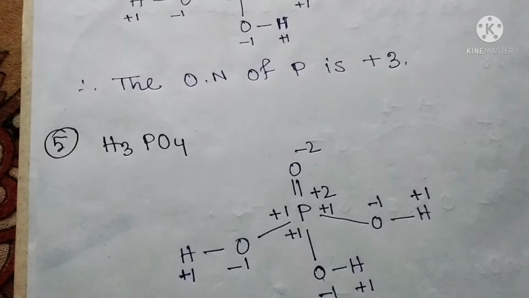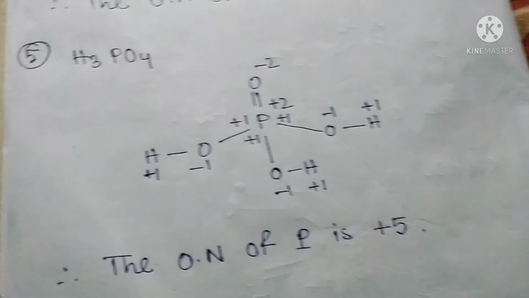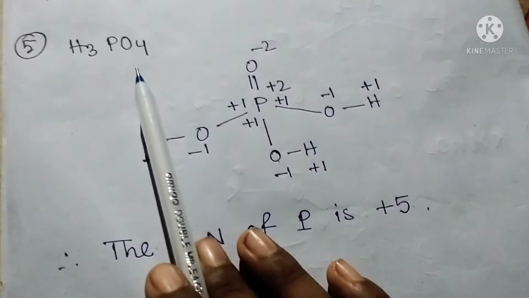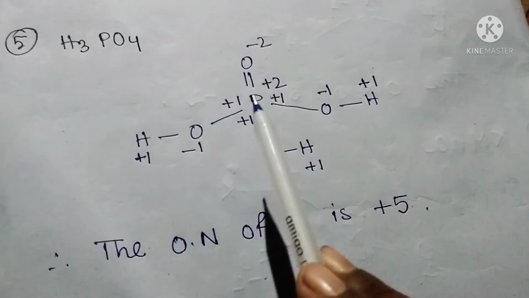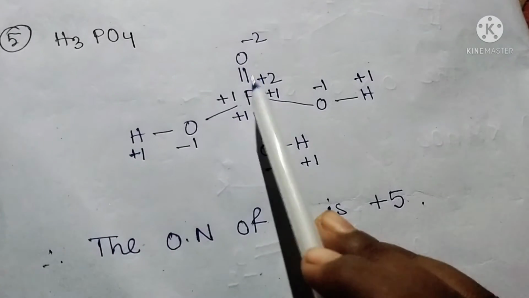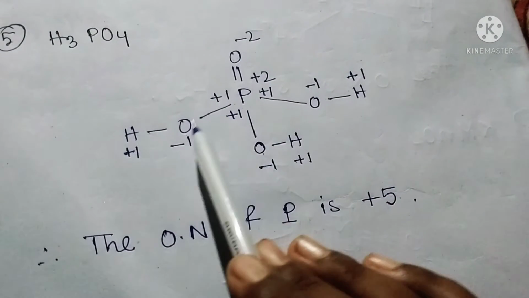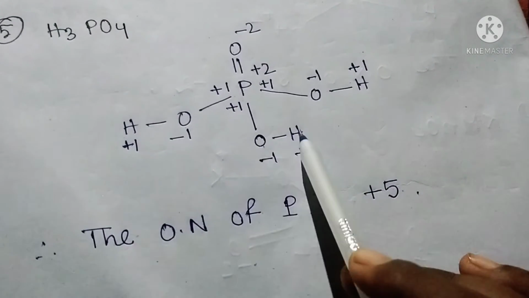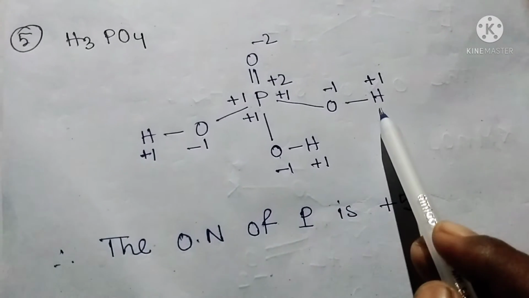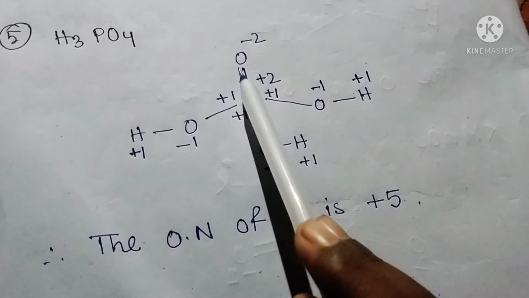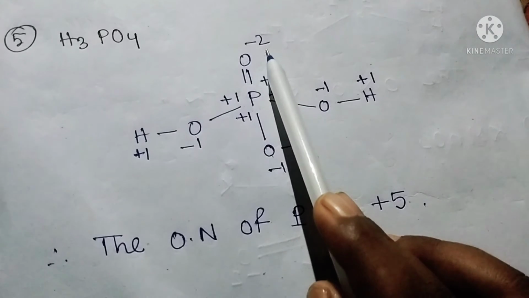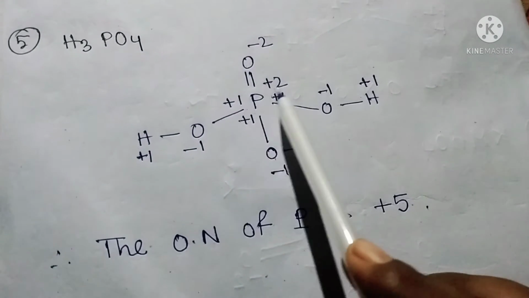Now let's take the next example. The next example is H3PO4. At first draw the structure: P double bond O, single bond OH, single bond OH, single bond OH. For this double bond we get here negative 2 charge and here we get positive 2 charge.